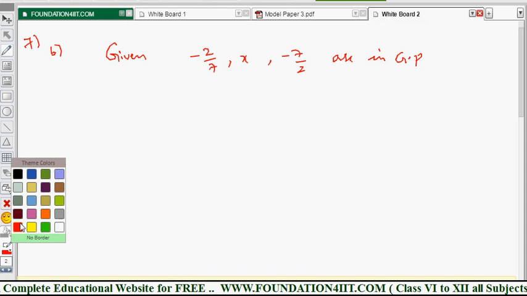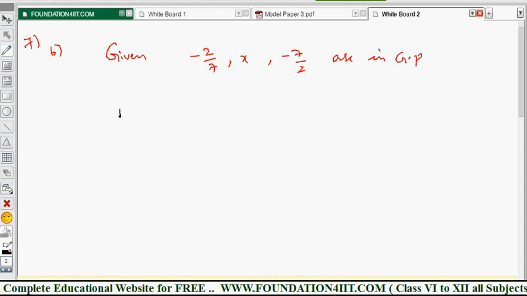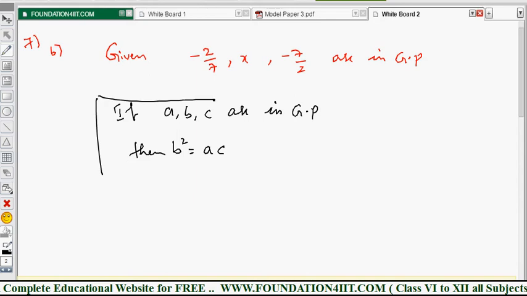And the formula for this: if A, B, C are in GP, then B square is equal to AC we can write. So it's the middle number, B square is equal to AC.